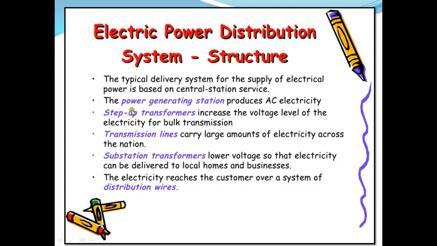The step up transformers increase the voltage level of the electricity for bulk transmission. The transmission lines carry large amounts of electricity across the nation. Substation transformers lower voltage so that electricity can be delivered to local homes and businesses. Also, the electricity reaches the customer over a system of distribution wires.